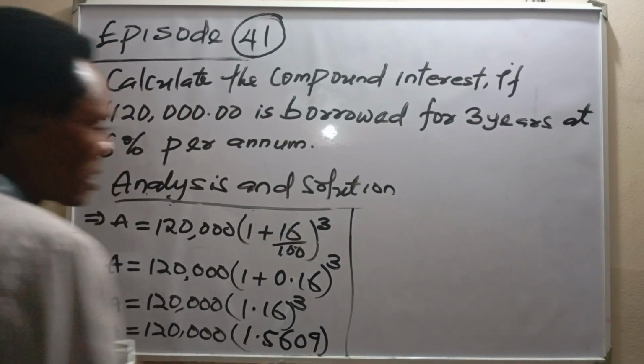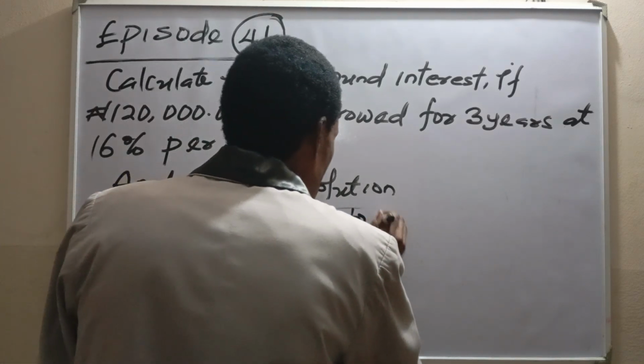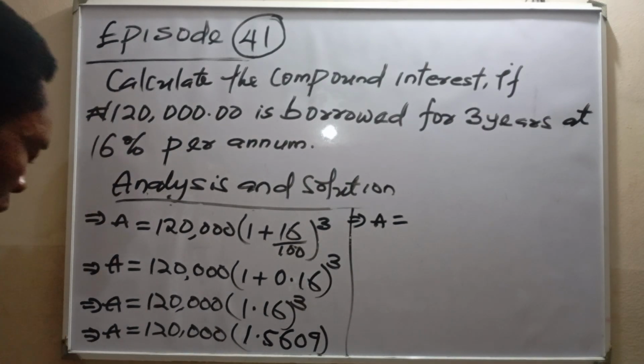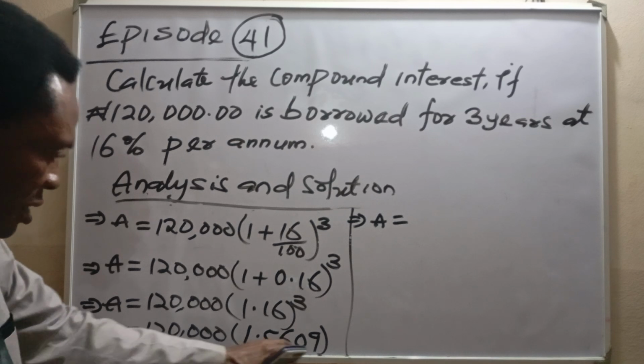Multiply it together: amount equals 120,000 times 1.5609.